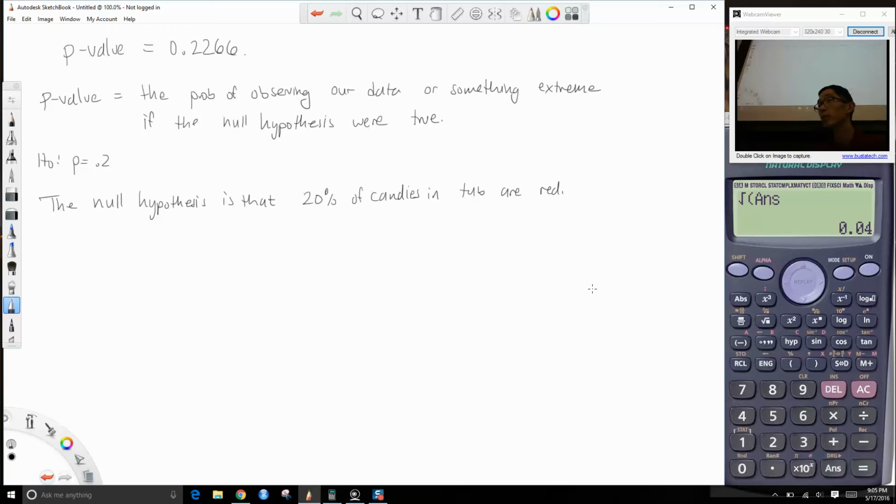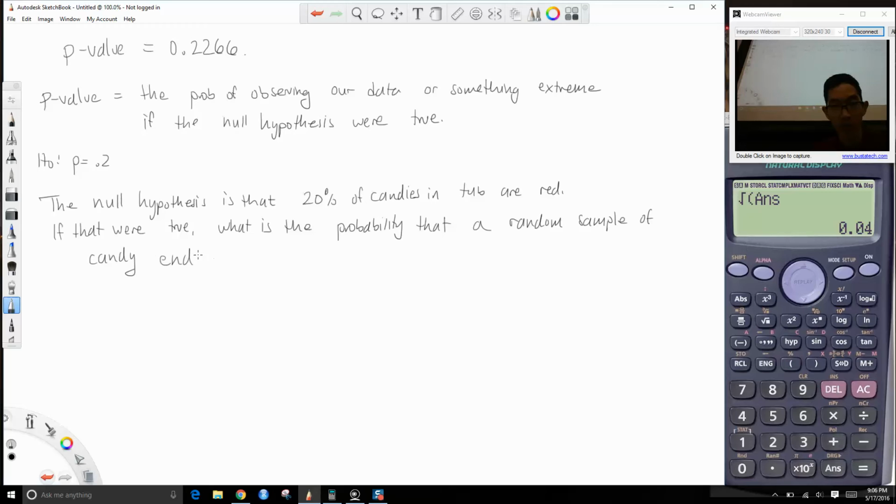If that were true, what's the probability that a random sample of candy ends up being 23% red or more? And the answer is our p-value.